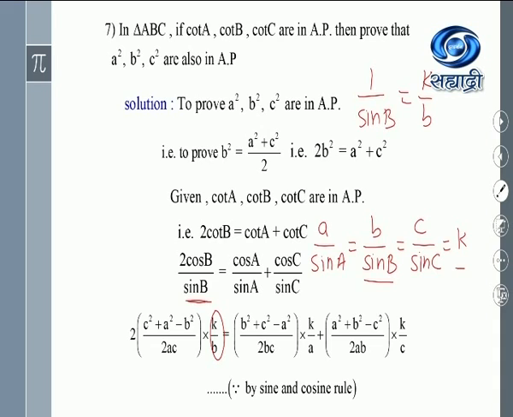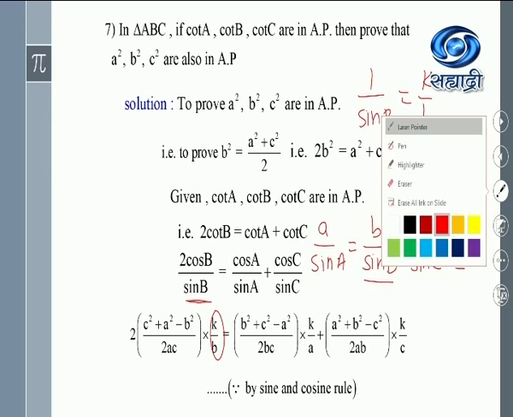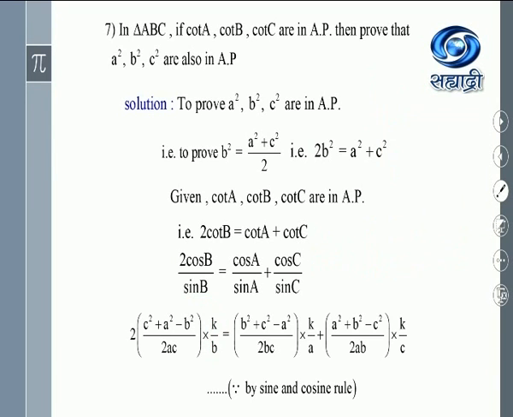And the remaining terms cos A and cos C, for these we use the cosine rule. Cos A is equal to what? B square plus C square minus A square upon 2BC, and cos C is A square plus B square minus C square upon 2AB. Clear?